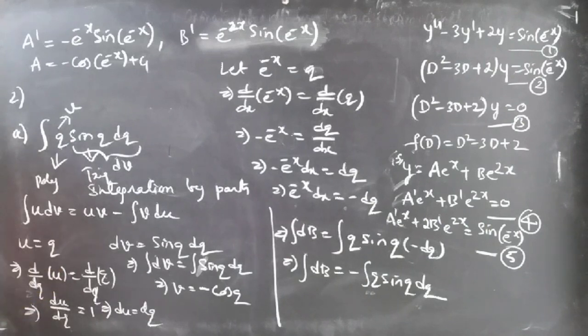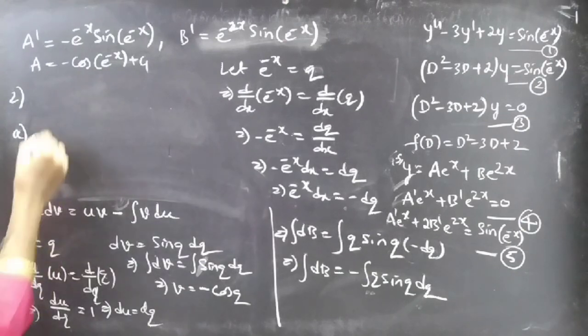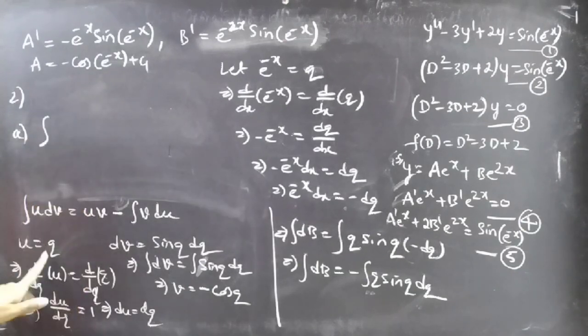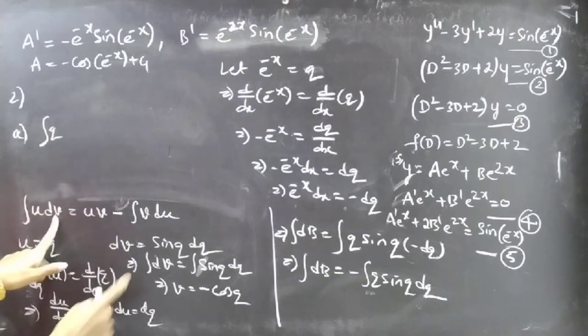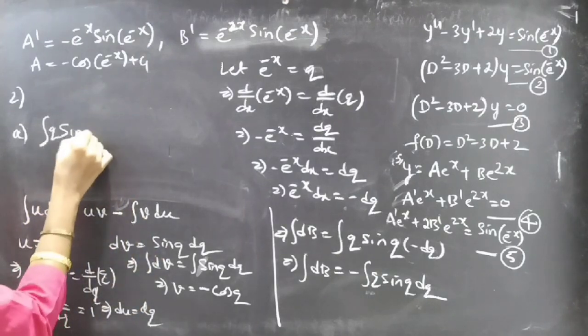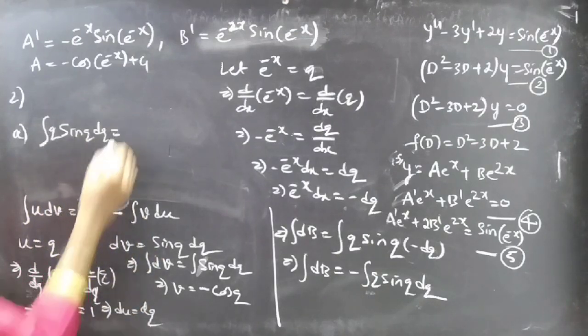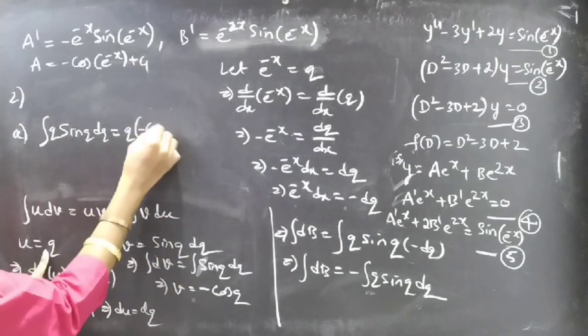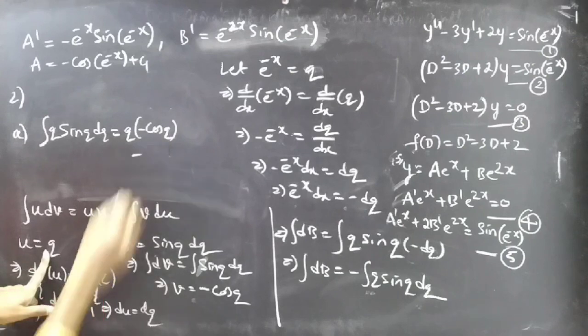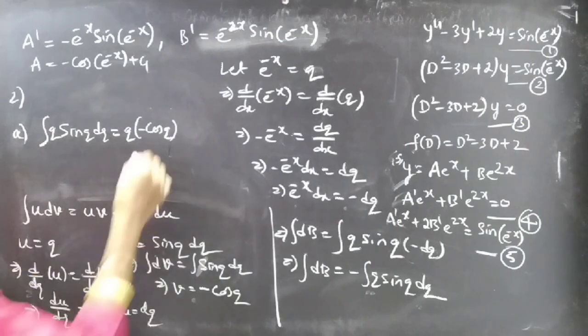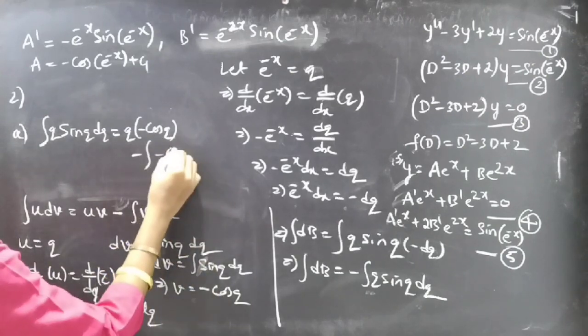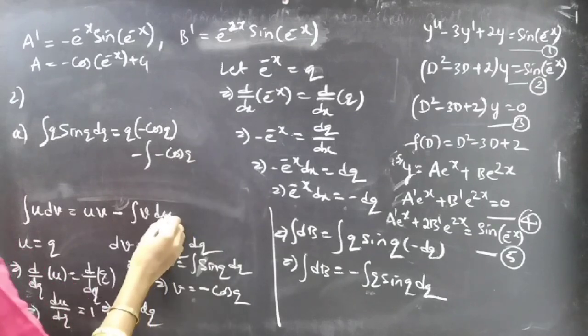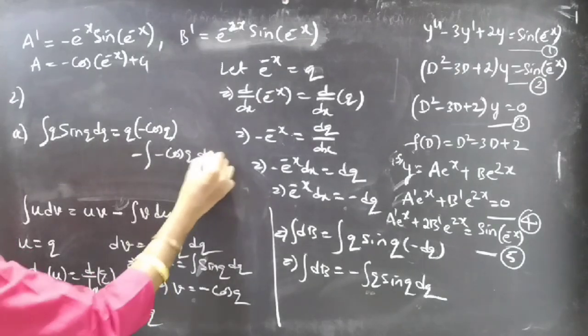Now apply in this formula, then we'll get integral u, which is q, into dv, dv is sine q dq, equal to uv, q into v, minus cos q, minus integral of v, minus cos q, into du. du is dq.